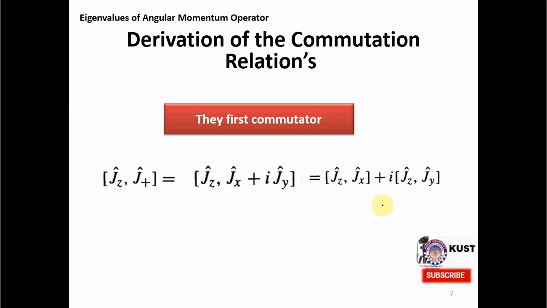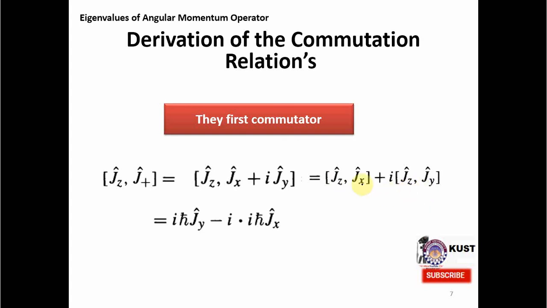And in the beginning, if you remember, we know the values of the commutation relations of Jz and Jx, and I gave you a hint there that whenever some component is missing in the commutation relation, then the commutator is equal to that component. So here z x, so we get it equal to Jy, and this is z y, so we get it equal to Jx.